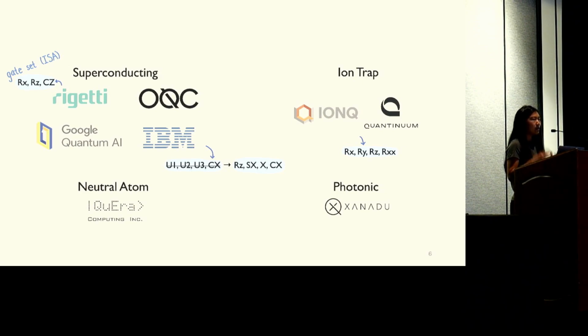Because the physicists are constantly experimenting and trying to modify and improve these hardwares, these gate sets are in flux. Even for the same hardware, the gate set may change, like it did in IBM's case. So ideally, we don't want to rewrite our compiler every time something changes, and we don't want to only rely on manual optimizations. This is where the synthesis problem comes in.